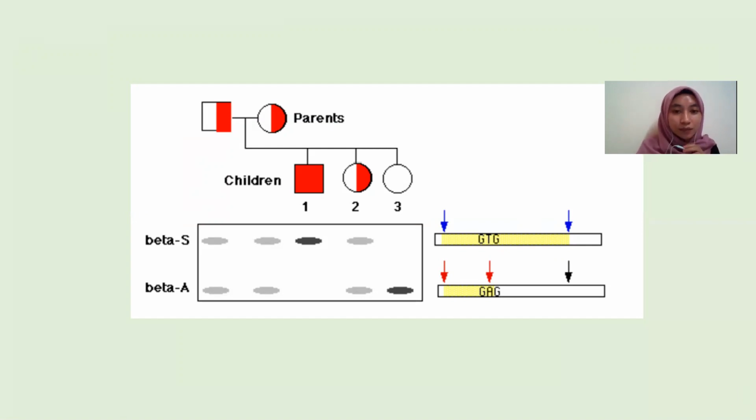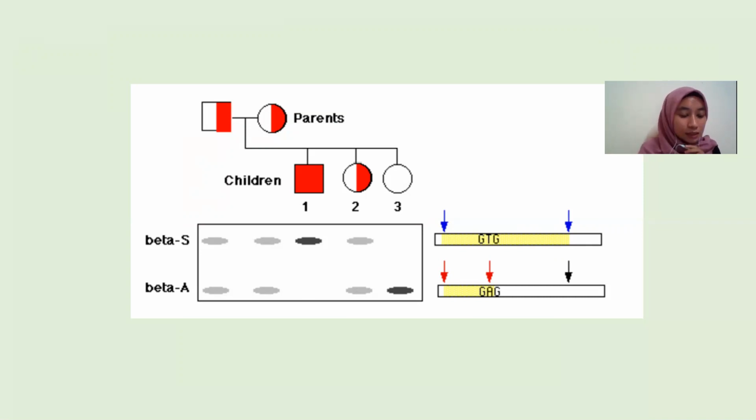As you can see on the left is a pedigree of a family who produced an infected child. This infected child is a son. Both the mother and the father are heterozygous, so they produce a son that is homozygous and is infected with sickle cell disease.